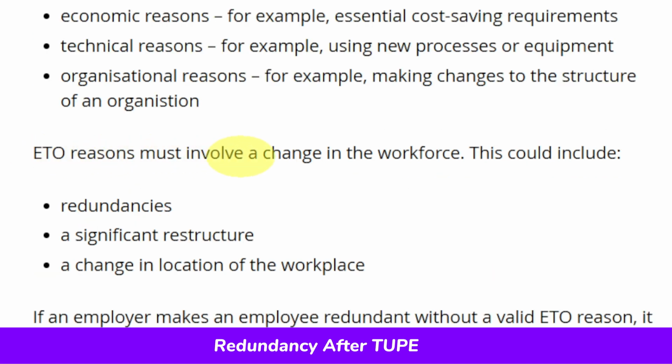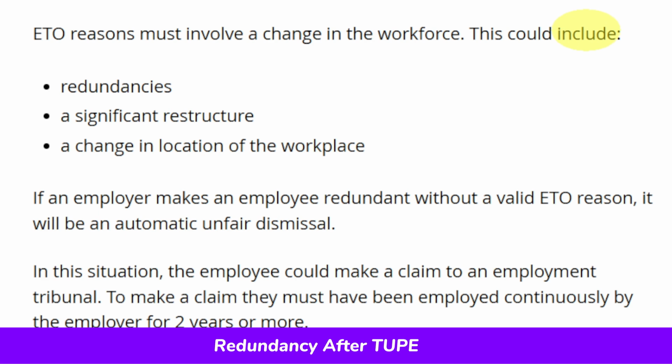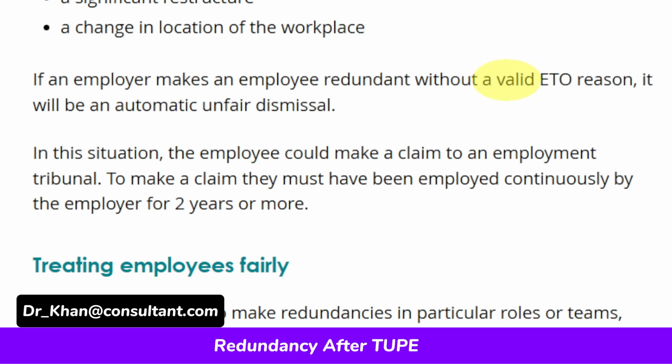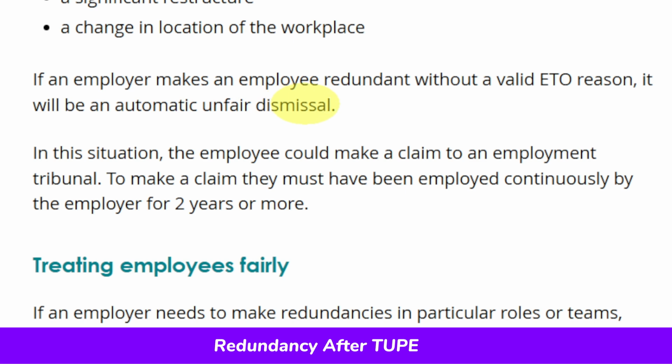ETO reasons must involve a change in the workforce. This could include redundancies, a significant restructure, or a change in location of the workplace. If an employer makes an employee redundant without a valid ETO reason, it will be an automatic unfair dismissal.